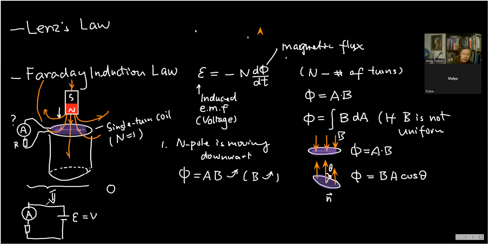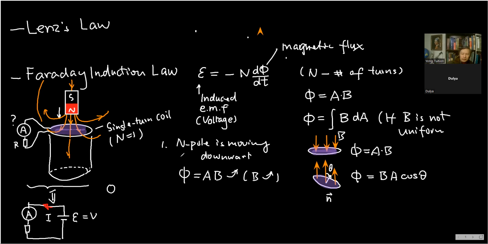Now, Faraday's law doesn't tell you the direction of current. It only tells you that there's voltage induced. So Lenz's law is invented to describe the direction of current in this circuit, or the current you read from your ammeter. Do you understand?